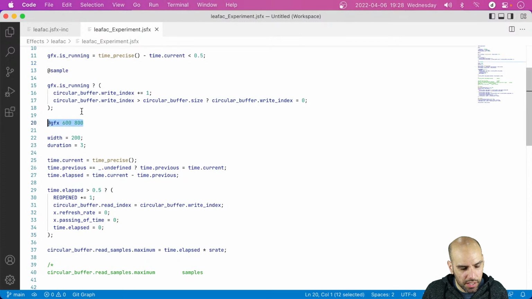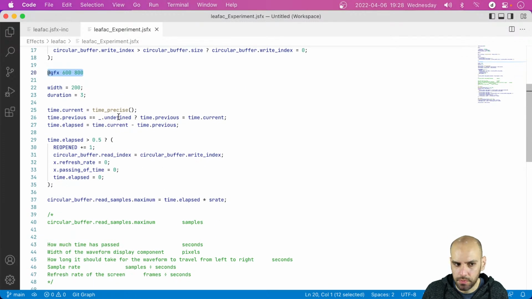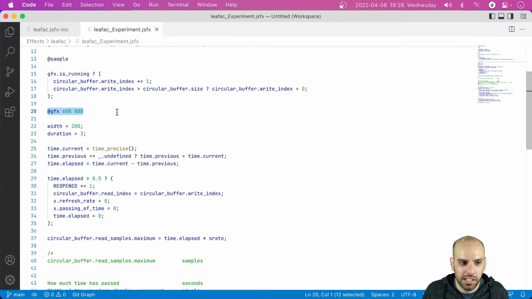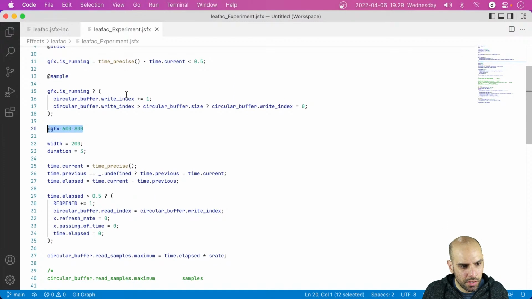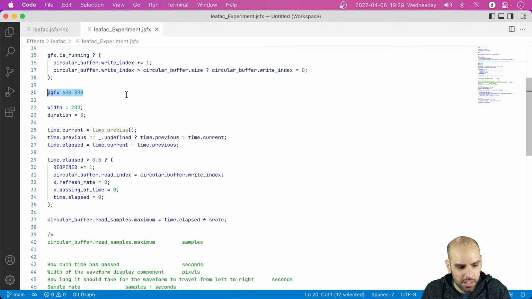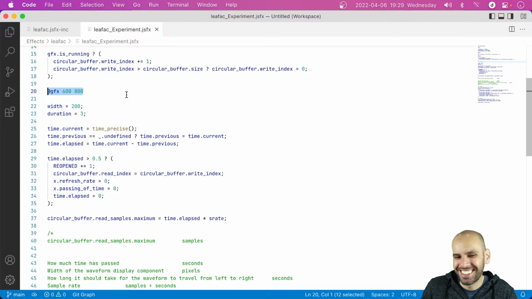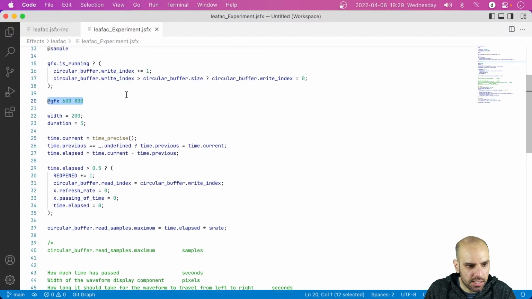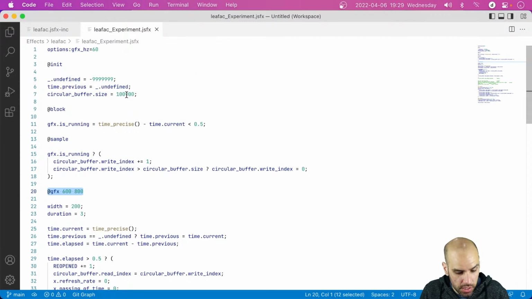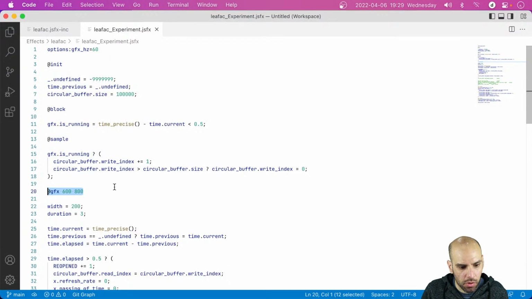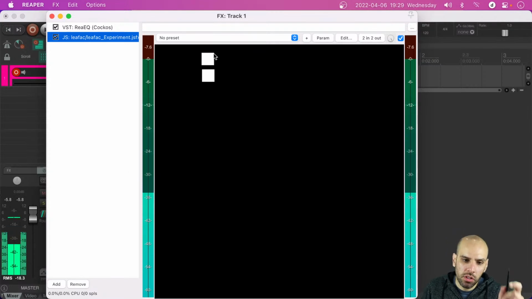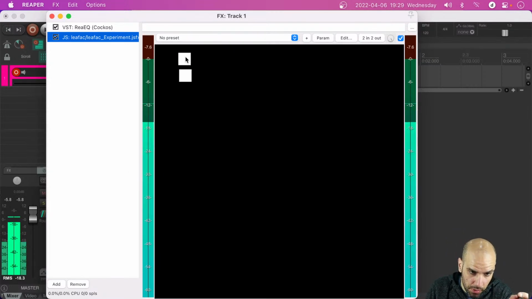I thought that the GFX block had access to everything, even things that are unavailable in other places, like the width and the height of the user interface, for instance. So good to know. Interesting. And I think that Tail was talking about the sample block variable. But all right, so we solved the issue of the jitter by pacing the reads from the circular buffer.